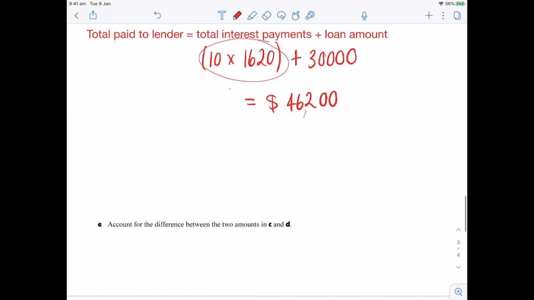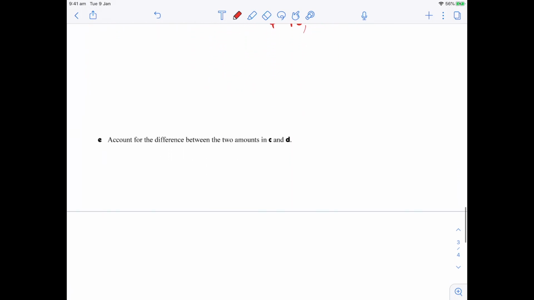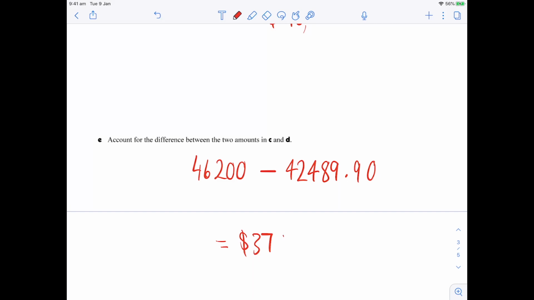So then the last part says account for the difference between the two amounts. So if I do $46,200 take away 42,489.90, I get a value of $3,710.10.